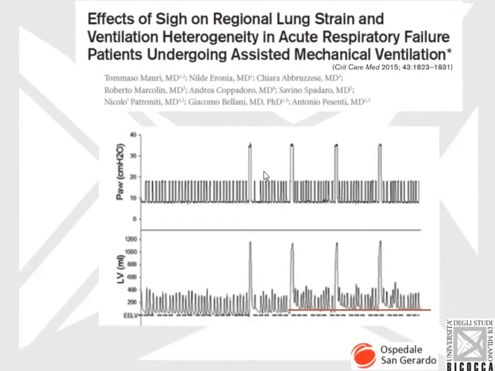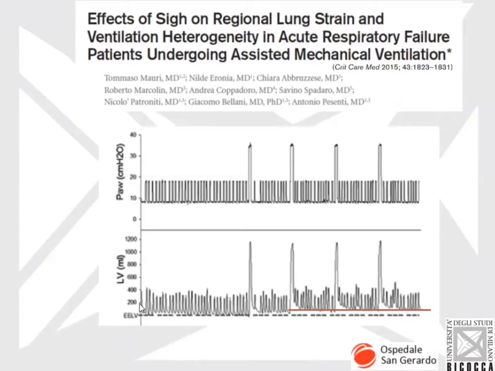Another possibility is to monitor by the use of EIT what you see here, which is the end expiratory lung volume. So you cannot measure this in absolute terms. You cannot have a number, like if you measure it with nitrogen wash in and wash out. But what you can do is observe the changes above a given baseline.